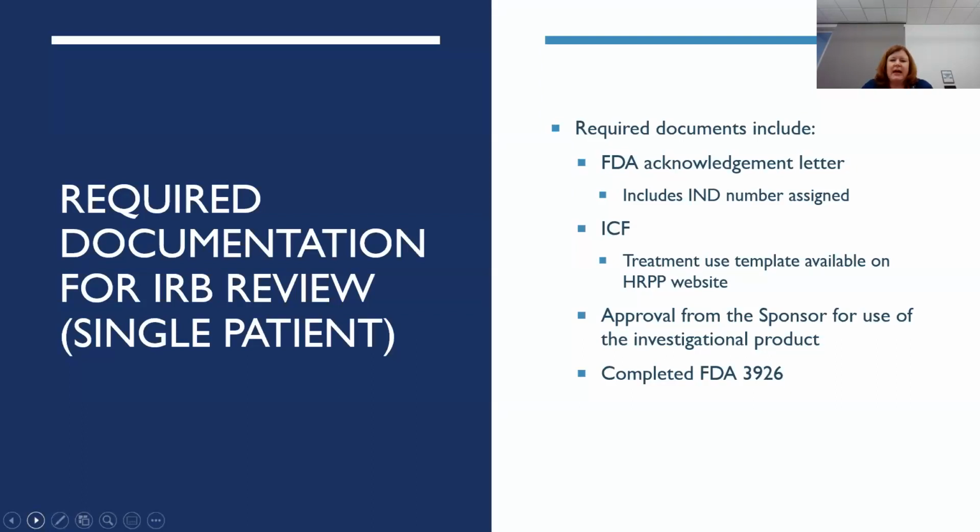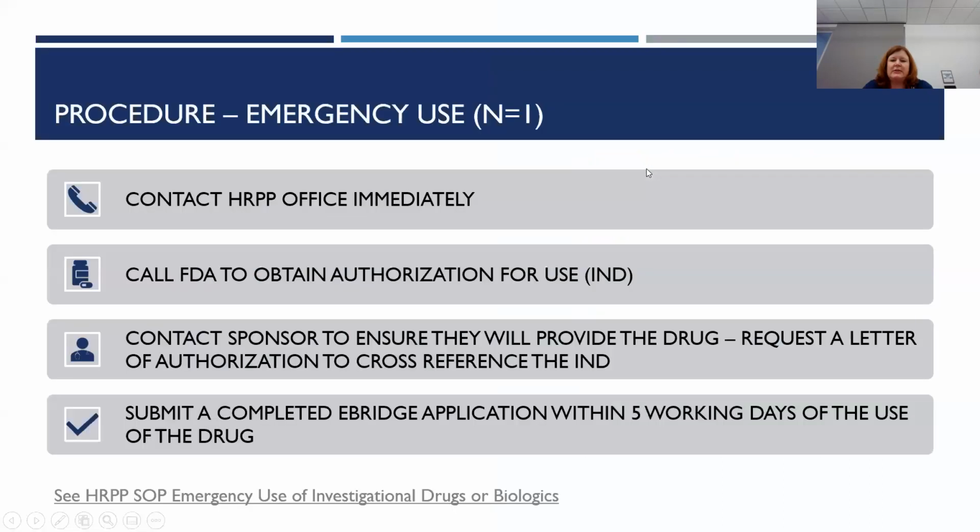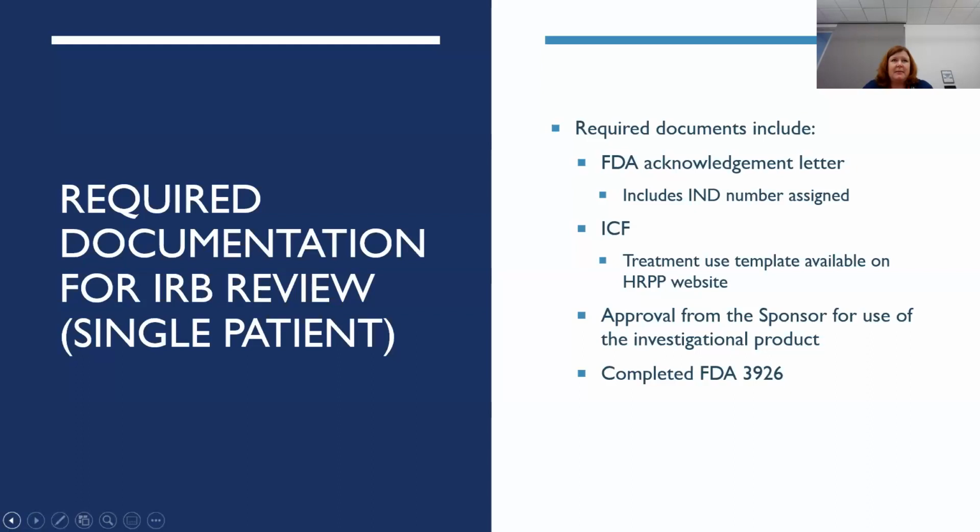So as far as documents that are required, the FDA, when you talk to them, will follow up with an acknowledgement letter that includes the IND number that's assigned to that specific patient.